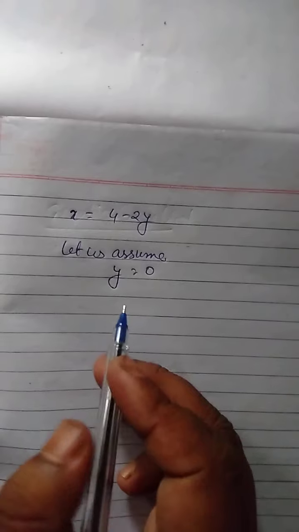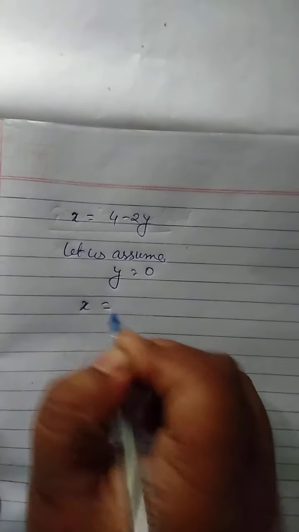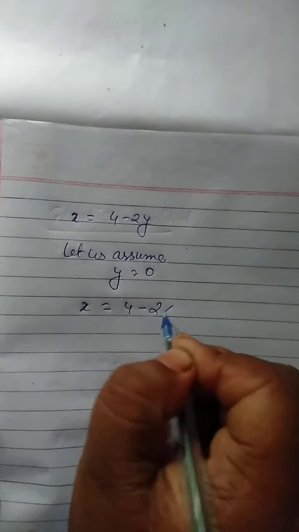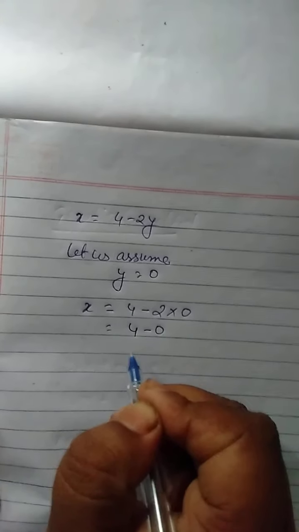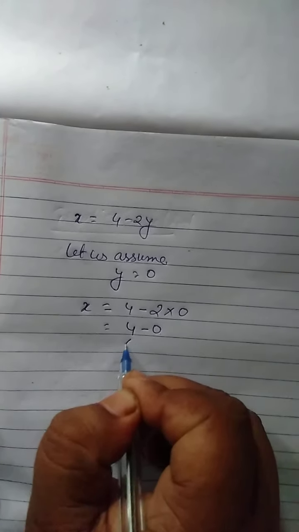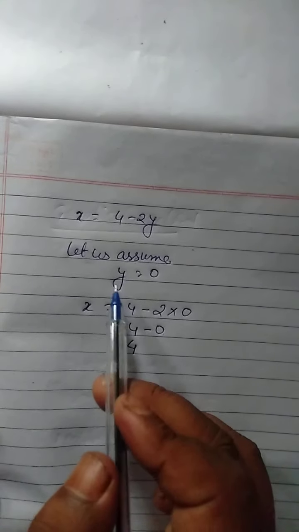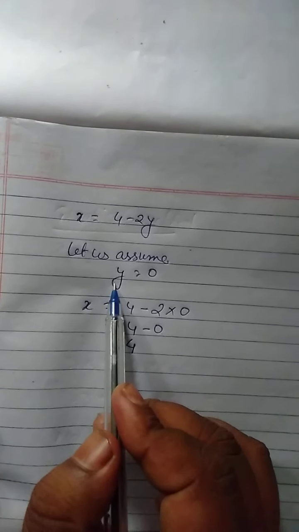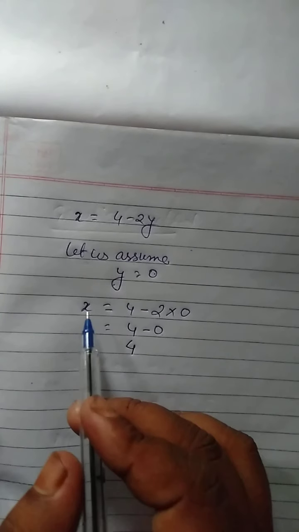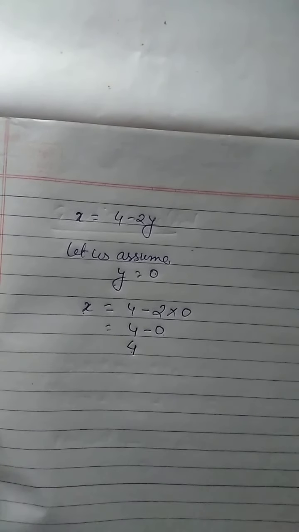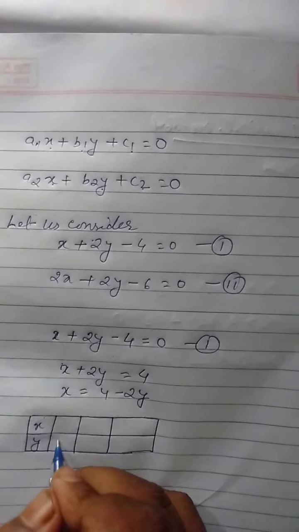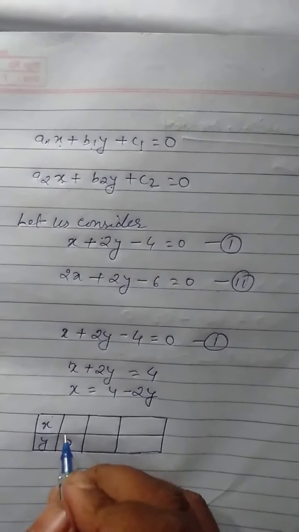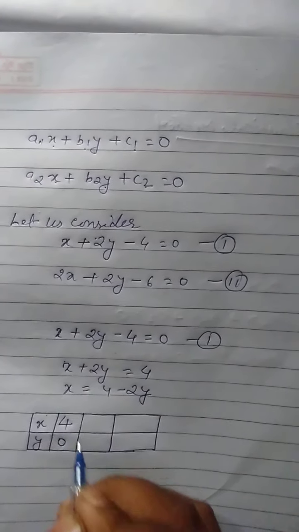Let us assume y is equal to 0, then the value of x will be 4 minus 2 into 0, then 4 minus 0, then 4. Therefore, when y is equal to 0, the value of x will be 4. So in this table, we will write y is equal to 0, then x is 4.